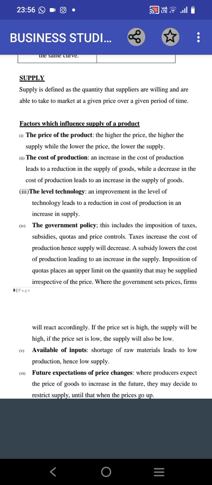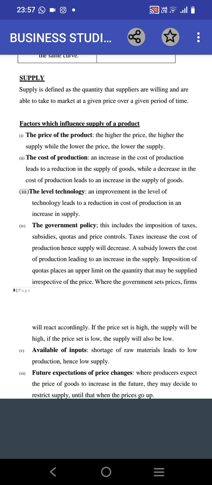Supply. What do you understand by supply? Who supplies goods? Like the producer. And you know how goods are processed: they are extracted from natural resources, like gold is extracted.